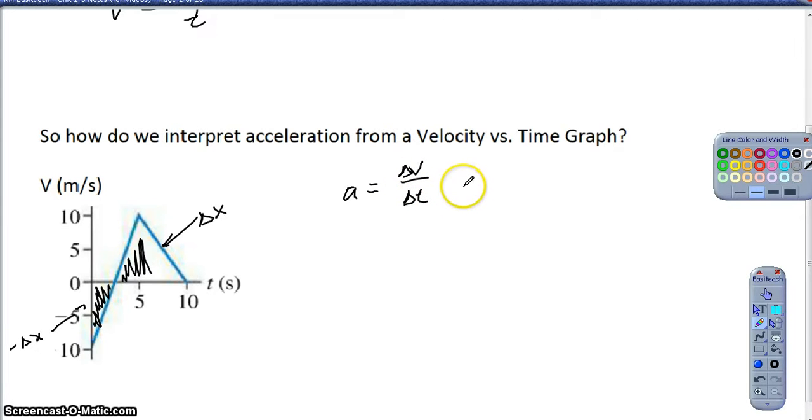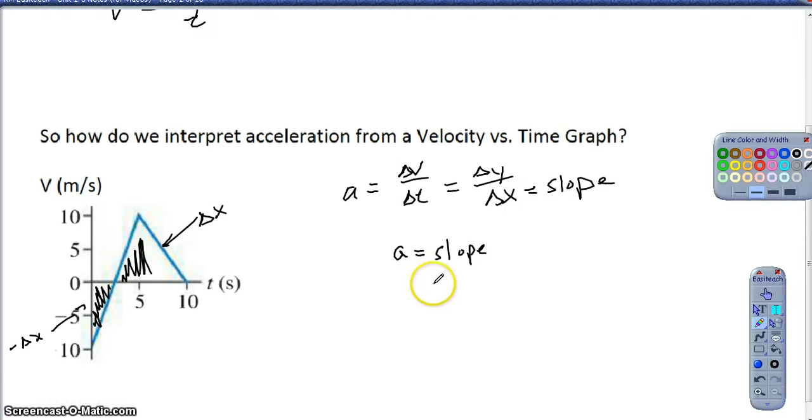And if I take the change in y over the change in x, then that's obviously just the slope of my graph. So if I want to find the acceleration off of a graph like this, I'm trying to find the slope. So once again, if I was doing this mathematically, that means I would be doing the derivative. So the acceleration for this type of graph is simply the slope. If I gave you the function for this, we would simply do the derivative, as you guys have already seen a few times now. So not too bad.